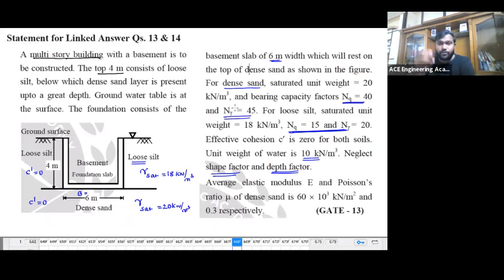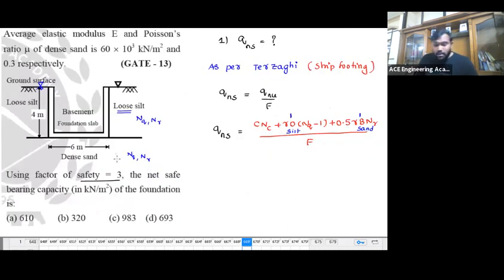So my question for you: as per Terzaghi, I know the equation, but the biggest point you need to understand is which NQ and N gamma I have to take. Should I take the loose silt NQ and N gamma, or the dense sand NQ and N gamma?